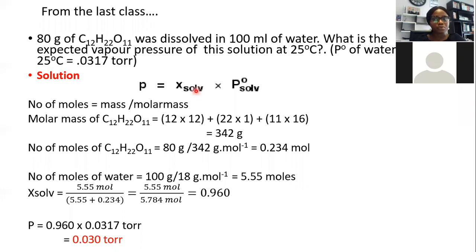The total number of moles is the number of moles of the solute and the number of moles of the solvent. Here, we know that the number of moles is equal to mass divided by molar mass. So in order for us to get this mole ratio, we need the total number of moles of both the solute and the solvent, which means we need to work out the number of moles of the solute, the number of moles of the solvent, and then add the two together.